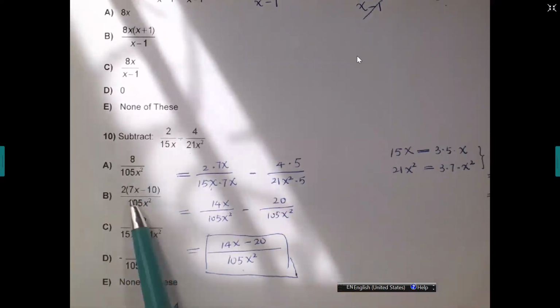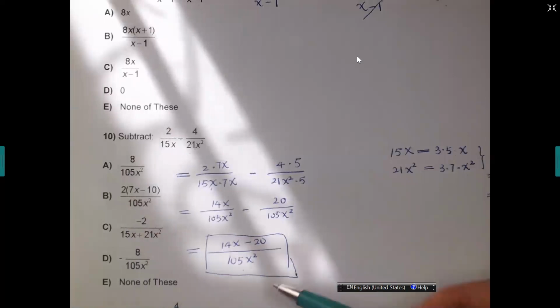Okay, so look at what the difference is between B and our answer here. So this B actually is a factored form of the numerator. So 14x minus 20. Can we continue to factor this? Because we want to simplify this rational expression. What do we need to do? We have to simplify. So simplify means we factor the numerator and denominator respectively.